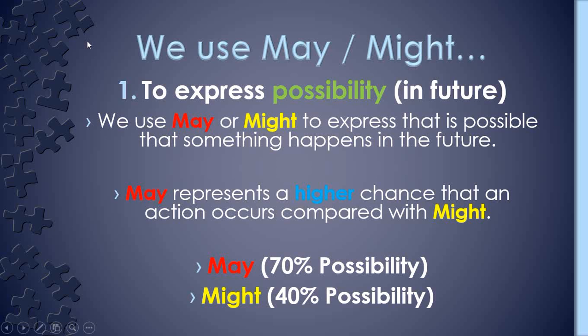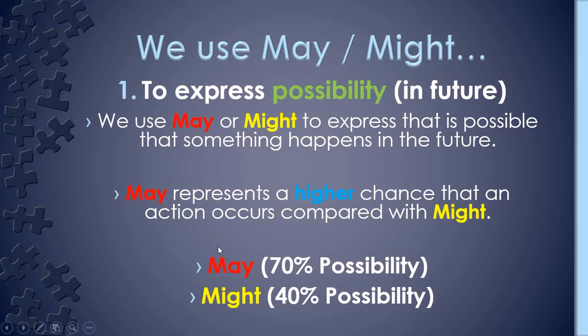Now, we use may or might to express possibility in the future. We use may or might to express that it's possible that something happens in the future. But now, may represents a higher chance that an action occurs compared with might.